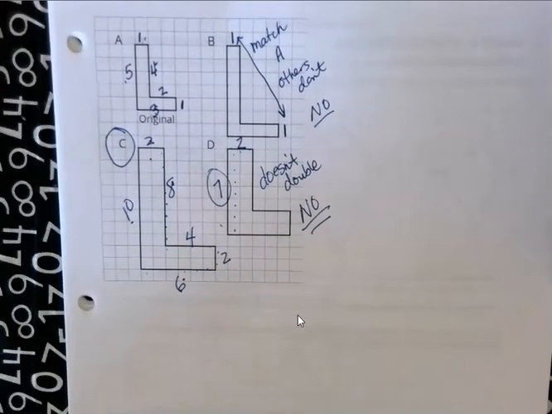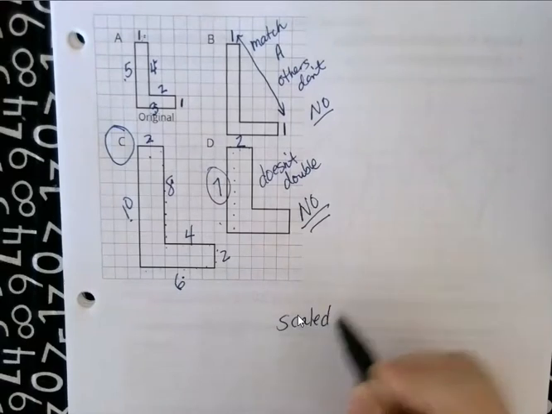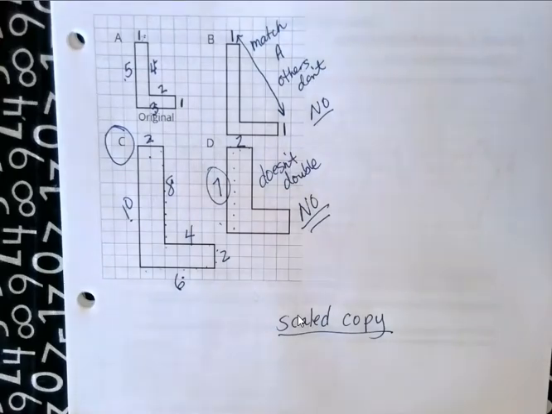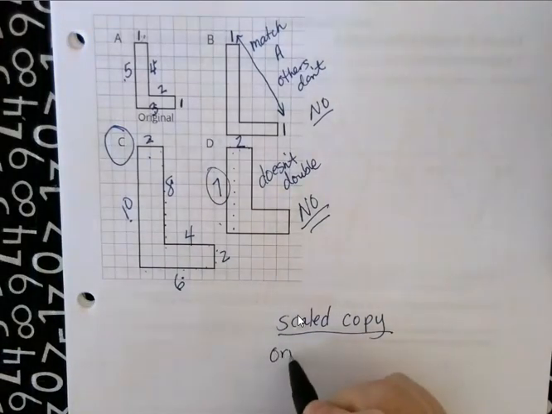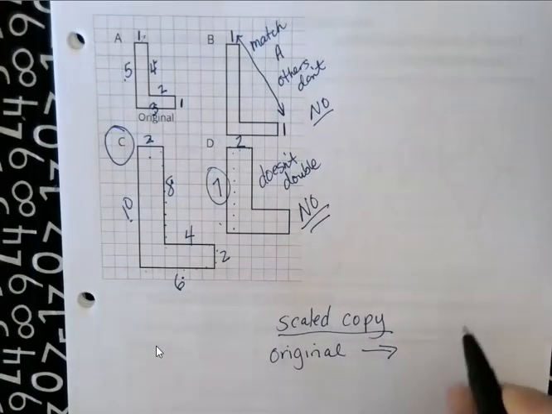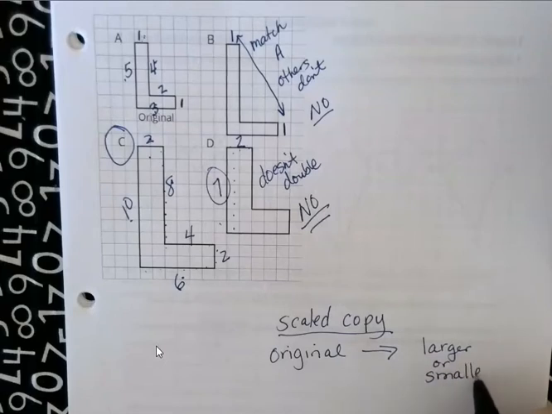So a quick recap. What do we know about a scaled copy? That the original then becomes larger or smaller, but still the same figure.